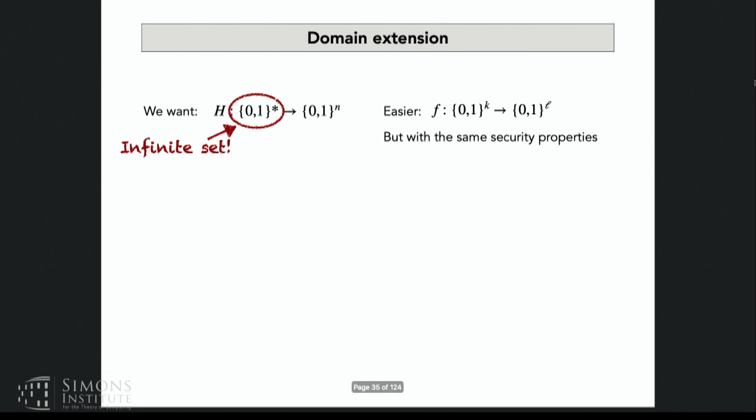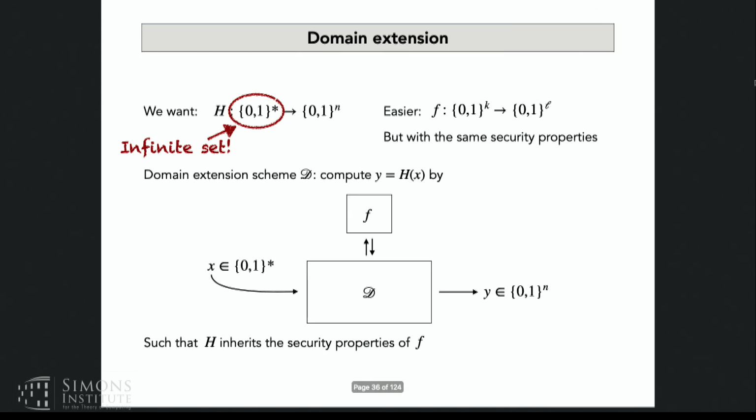What's much easier is to construct a fixed length domain function that has similar security properties, like collision resistance or whatever we want. And if we have that, then there are generic transformations that transform this fixed length hash function to a full hash function that has arbitrary length input. And this is what's called a domain extension scheme.